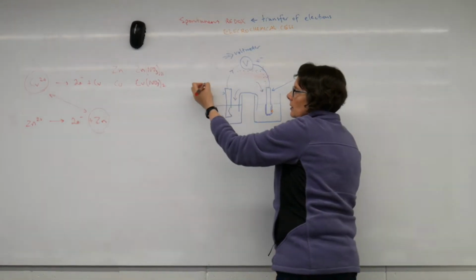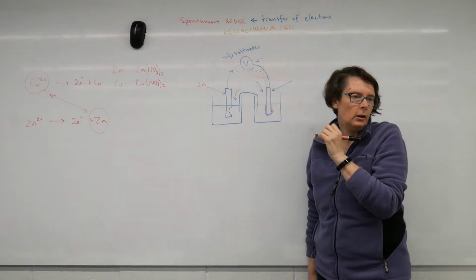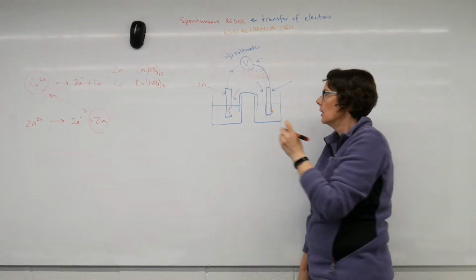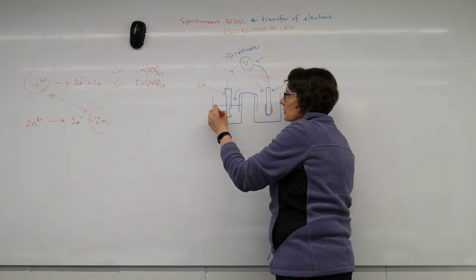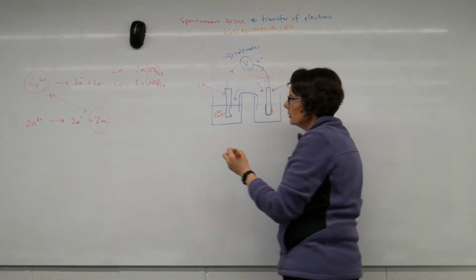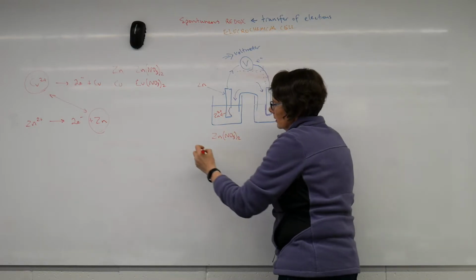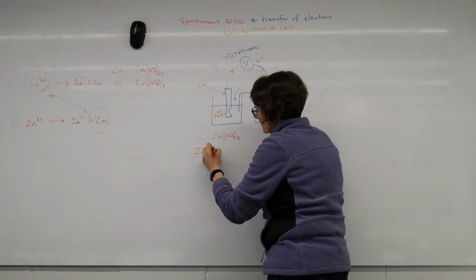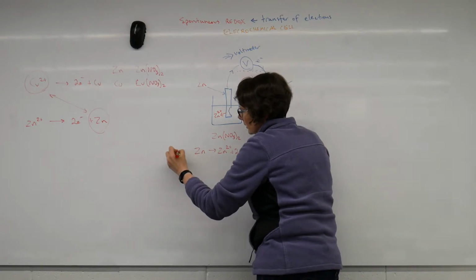That means that my anode must be zinc. And I'll be producing zinc ions in this solution. Okay, that's the oxidation half equation.